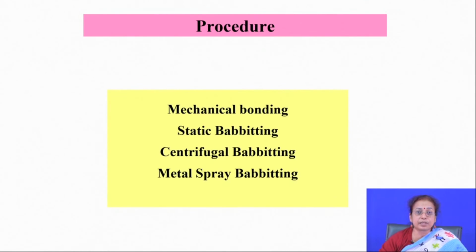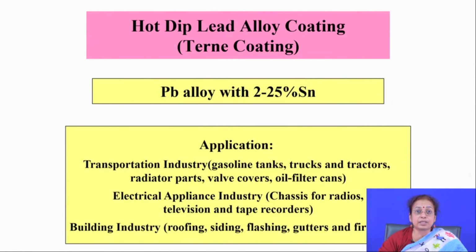In thermal spraying there are different ways, and I will be discussing all these thermal spraying techniques in detail later, but you can go for flame spraying operation for babbitting purpose, which is a very easy way of spraying babbitt. And so, these are the parallel techniques.